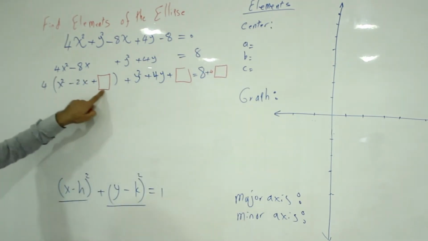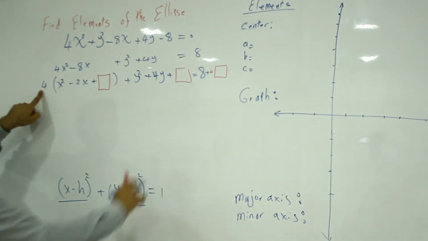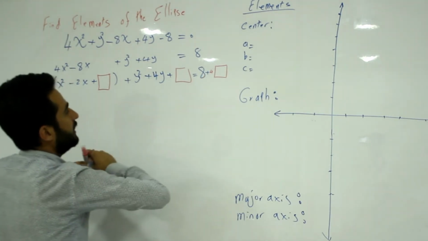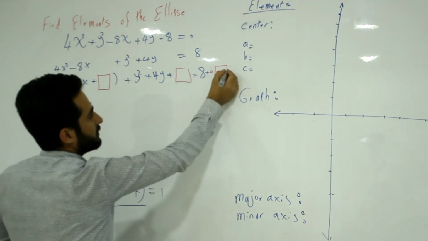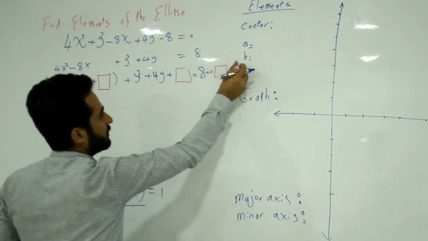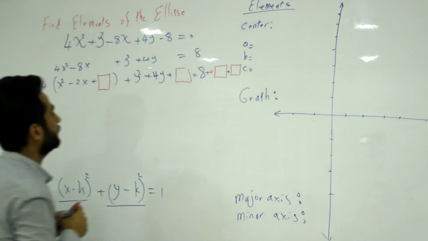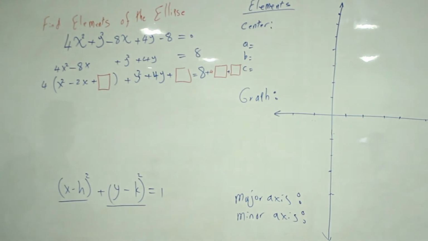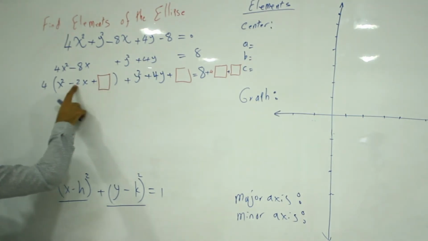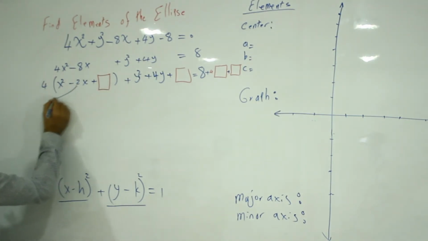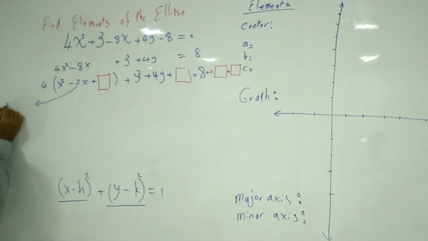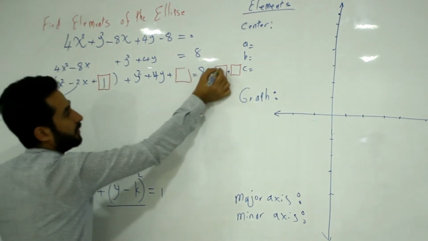In front of the square we have 4, so I wrote here 4 times the square, okay? And plus this square also. And then, how can I find this? By this number. We can say 2 divided by 2 to the power 2, which is equal to 1. So we have to put 1 here and 1 here.